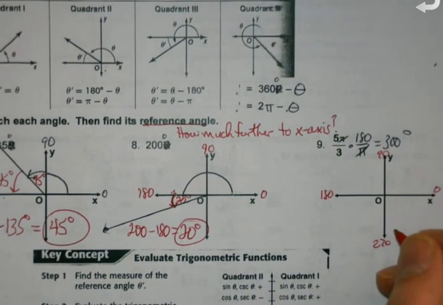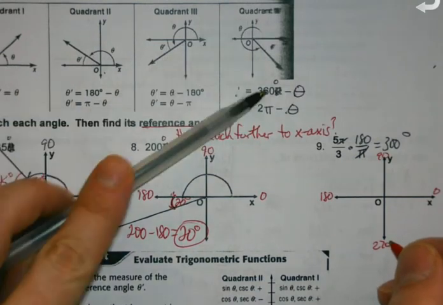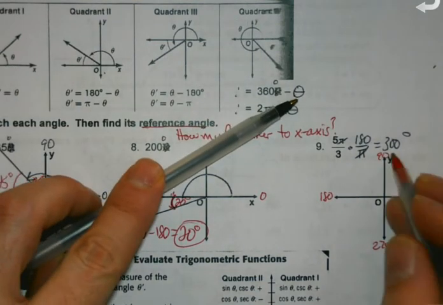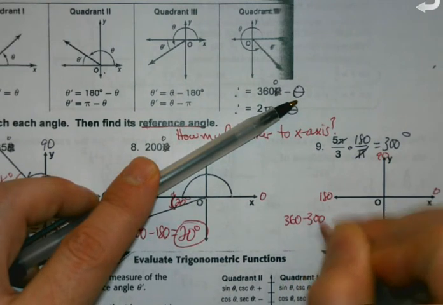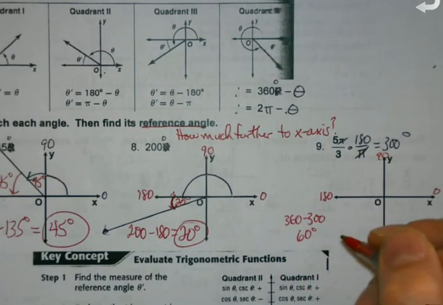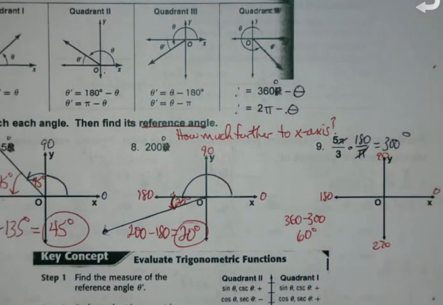So I look up top, and if I'm in quadrant 4, it's 360 minus my measure. So it would be 360 minus 300, which would be 60 degrees, but in radian mode. If you start in radians, okay, your answer needs to end in radians.